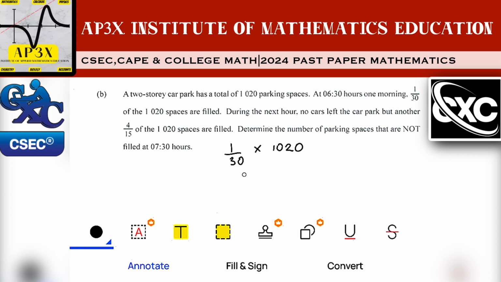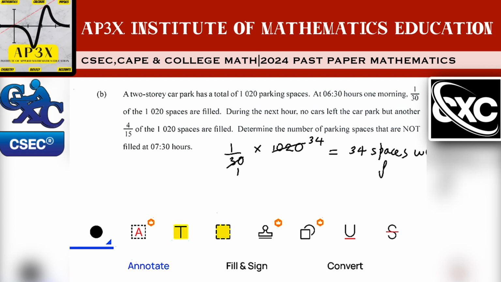We can cancel the zeros, or we can just go on our scientific calculator and say 1,020 divided by 30, and that gives us 34. So at 6:30 in the morning we had 34 spaces that were filled.